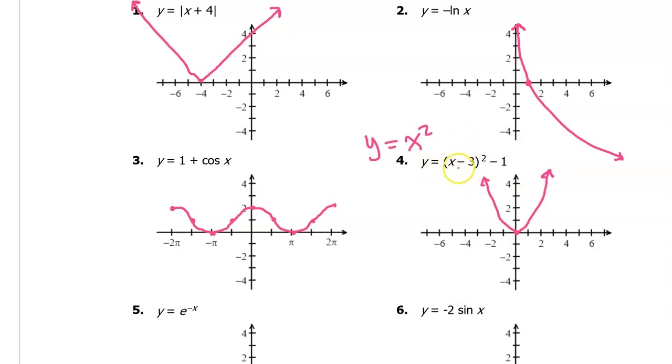The transformations, because of the x minus 3, this is going to be shifted to the right 3, and because of the -1, this will be down 1. So we're just going to have a parabola that has a vertex at 3, -1. So this is just a rough sketch, so I'm not going to really think too much past this.